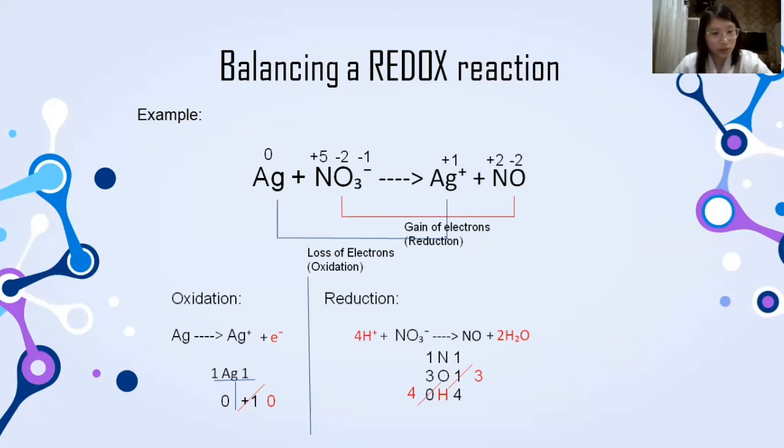The total charge on the left side will be +3, because 4 charges here and then -1 here will be +3. Meanwhile, the charge on the right side is 0. To balance that, we add 3 electrons on the left side so that the total charge will become 0.